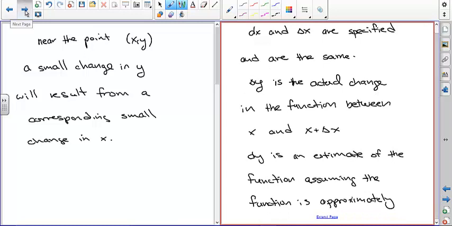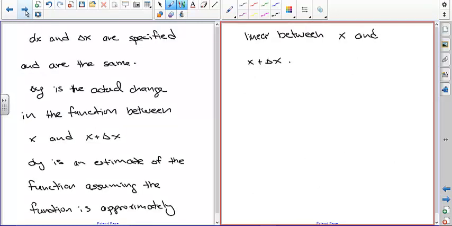We're going to show this in picture form. So we've got delta x and dx, which is our independent variable, and we just specify them to be something small, and we're going to say that they're the same.